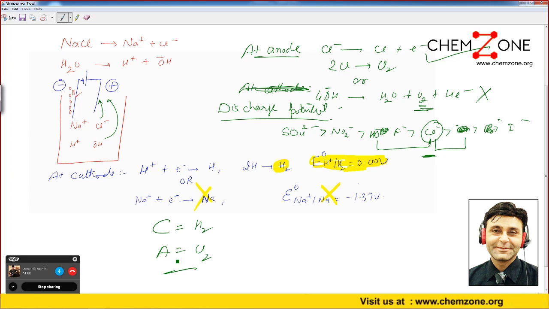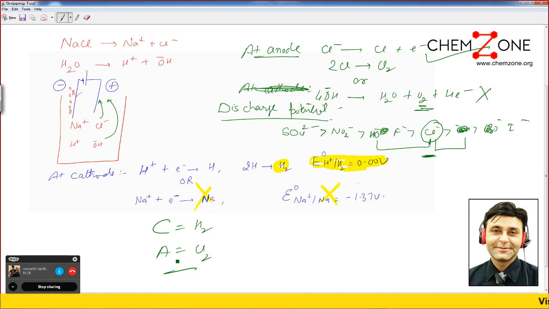At cathode, sodium is produced, and at anode, chlorine is liberated.